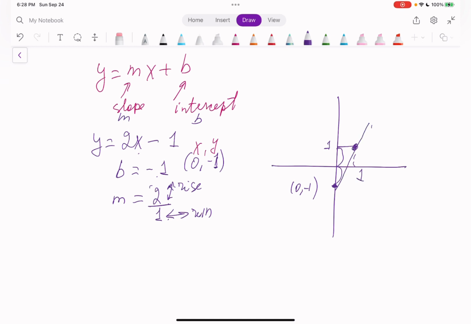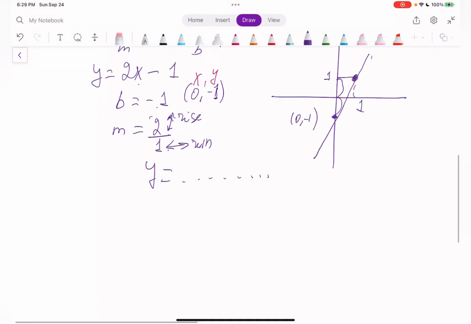I'm going to draw many of them on the graph. This is just a quick review, and you will see it. To be able to build the graph based on slope, you always have to have y equals and so on. And the coefficient of x is going to be your slope.